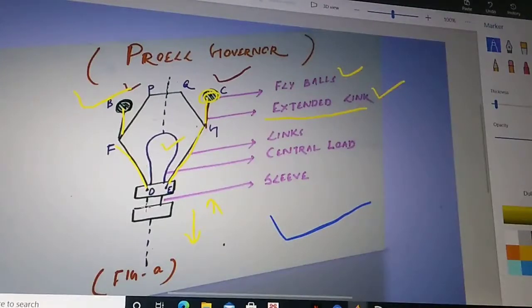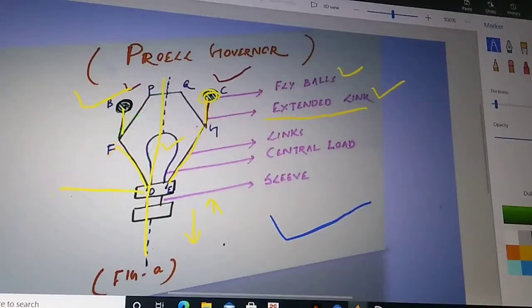So basically we are considering only this half portion here, and we have extended this link, and we are getting the I center of rotation. This much part we are going to study. You will see that it forms a right angle triangle like this.